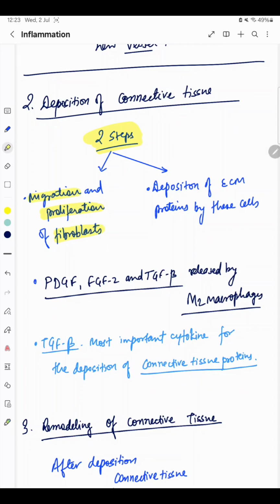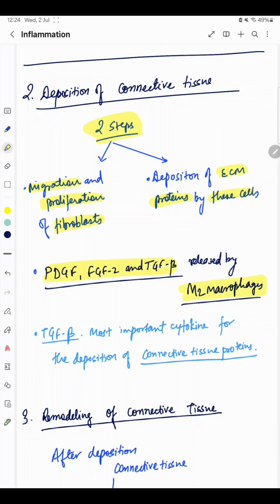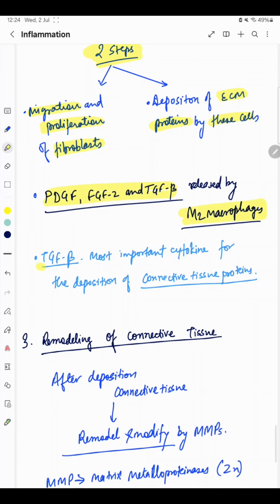Second is deposition of extracellular matrix protein by these cells. PDGF, FGF2 and TGF beta are released by the alternatively activated M2 macrophages. TGF beta is the most important cytokine for the deposition of connective tissue proteins.